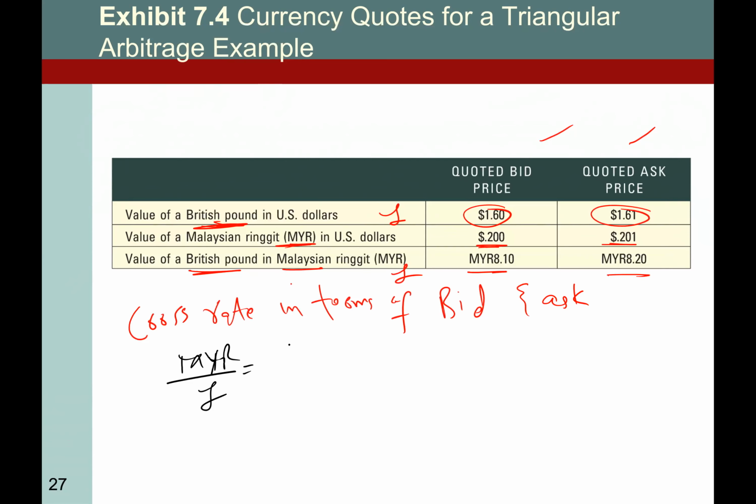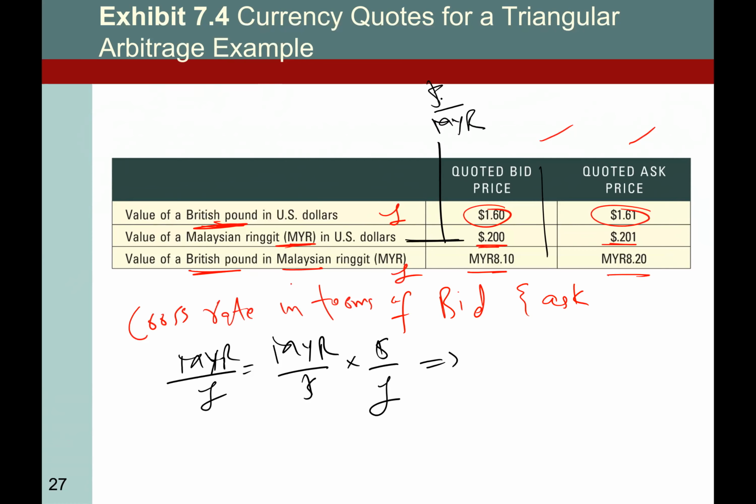How can we calculate? MYR divided by dollar multiplied by dollar over pound. So let's talk about the bid first. Do we have the Malaysian ringgit over dollar? We have here dollar over MYR. We can just reverse it.